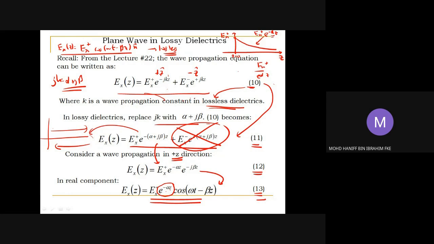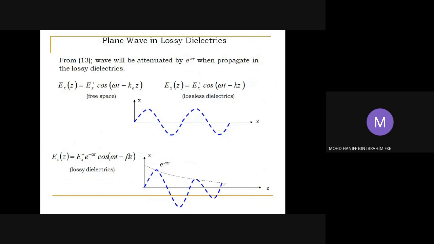Right, this is in terms of graphics, the difference between the wave propagation in a lossless medium and in a lossy dielectric. I hope that with this graphical image, you have a clear understanding of the difference between the wave in free space as compared to the wave in a lossy dielectric. In free space, the wave is uniform.